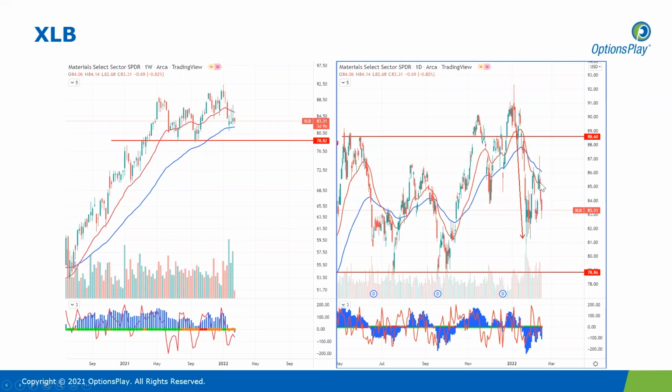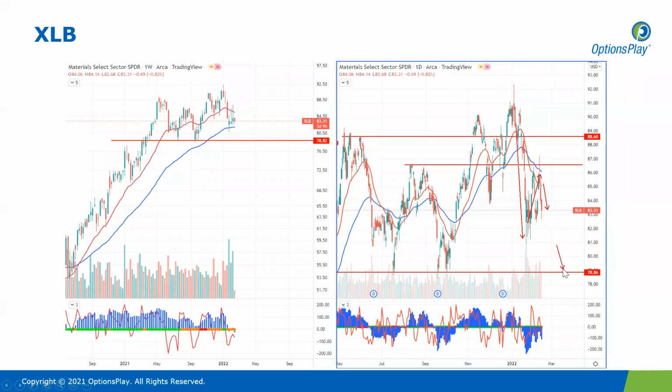We did see a bit of a rebound to what I would consider a minor resistance level between 86 and 87, but a strong rejection in recent days and a strong move lower here for materials. So in terms of possible targets, the bearish target that I'd have here would be 79 or so, should we see price continue to decline.